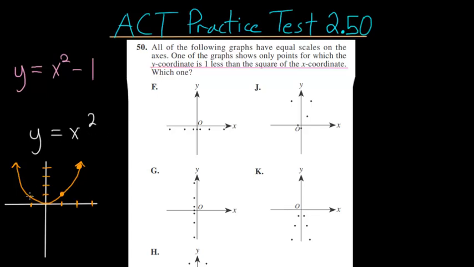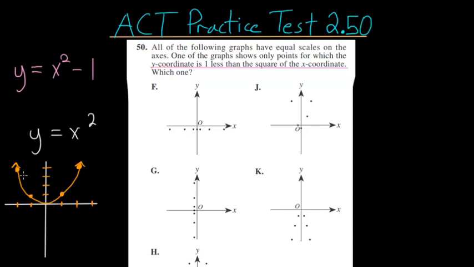So (-1, 1) is on the graph. But also, if you put in -2, -2 times -2 is simply +4. So (-2, 4) would be on the graph. So you can see if you put in 2 or -2, you still get the value of 4, which is why you get this symmetry here.